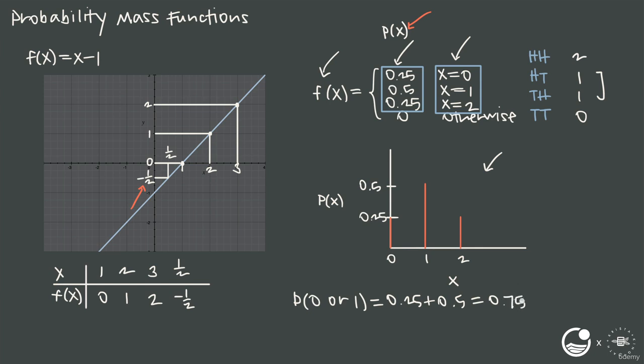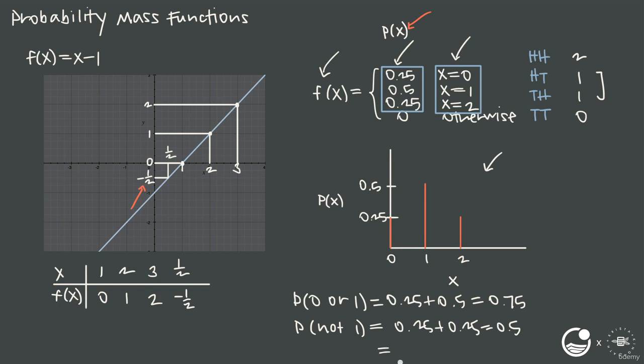So the probability that x is 0 or 1 would be equal to 0.25 plus 0.5, or 0.75. Or we could say something like, what's the probability that x is not 1? Well, that would be everything but this 0.5 here. So we would take 0.25 plus 0.25, and we would get 0.5.